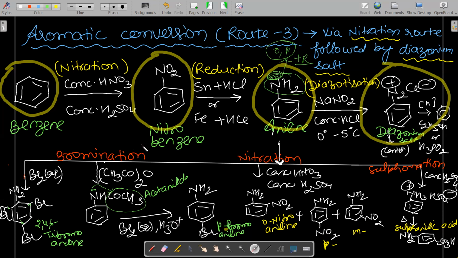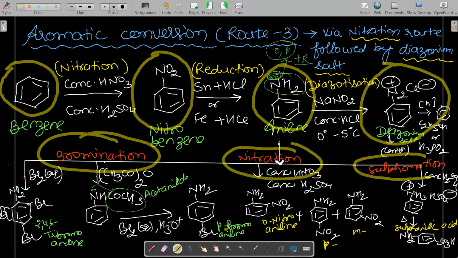So aniline basically shows three types of electrophilic substitution reaction: bromination, nitration, and sulfonation. In bromination, we get two types: direct bromination, tribromo, and acetanilide followed by bromination, monobromo. In nitration, we get three products, ortho, para, and meta, because of anilinium ion formation. In sulfonation, we get the zwitter ion as sulfanilic acid.